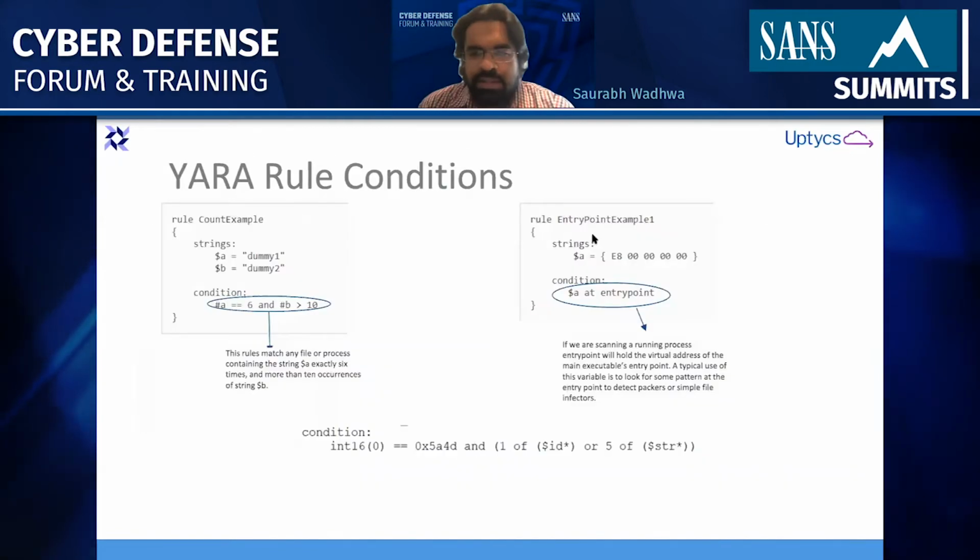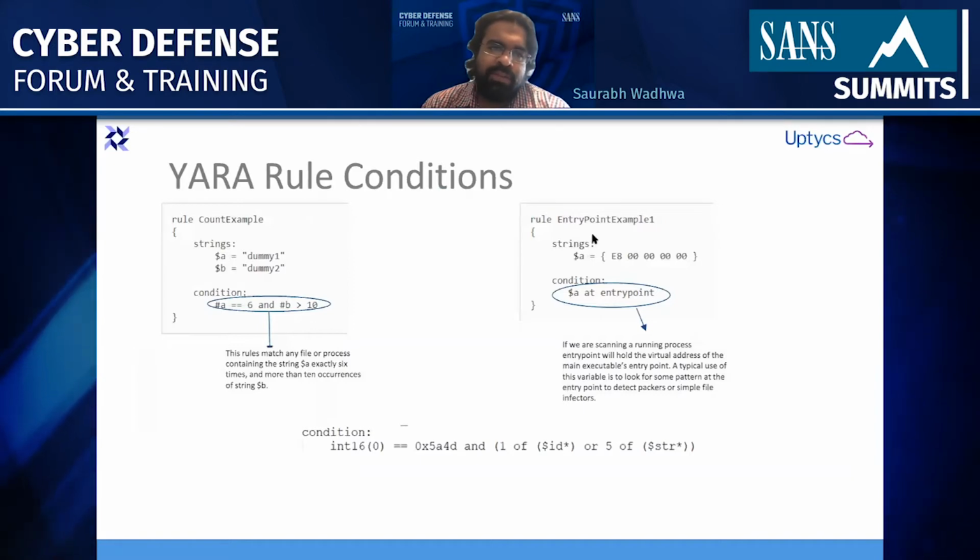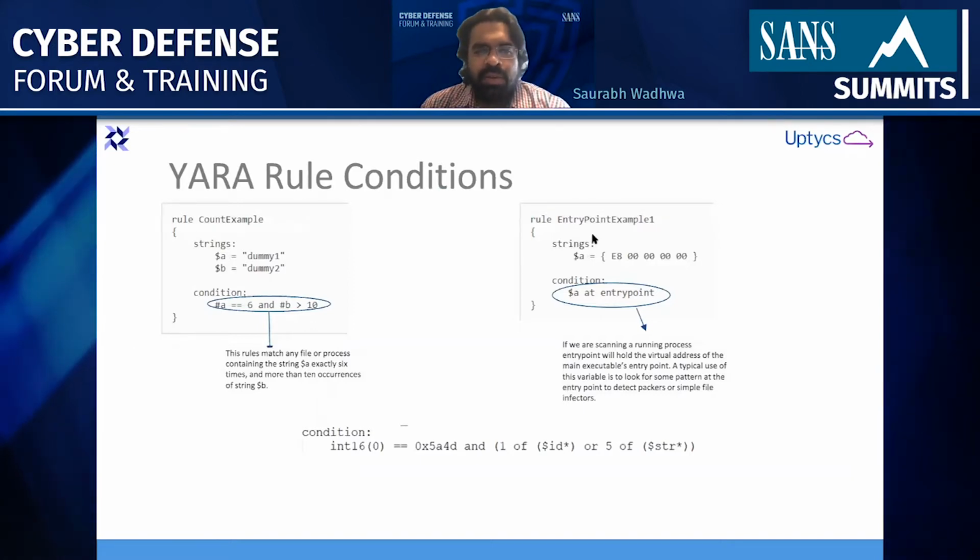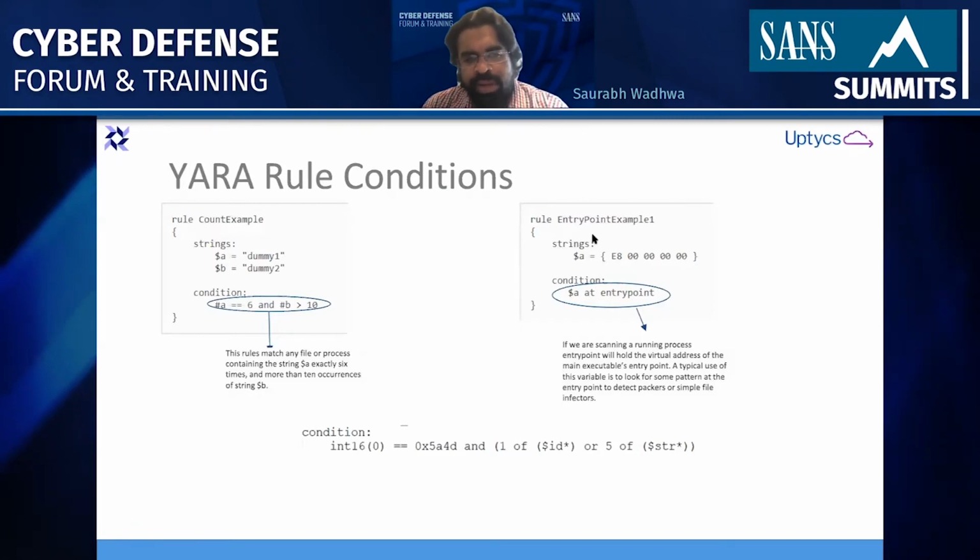In the images shown here, if you take a look at the image on the left-hand side, under the conditions section, we have two strings, $A and $B. The condition is if there are exactly 6 instances of A and more than 10 instances of B, then it's a match.